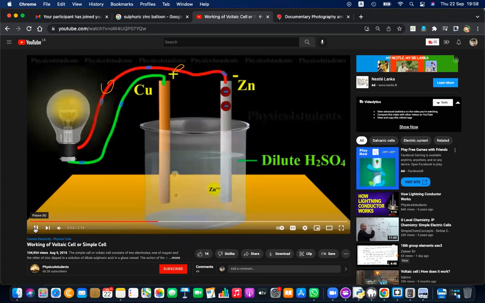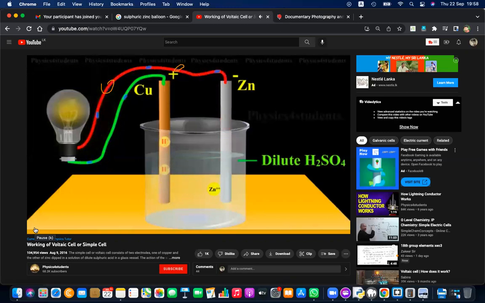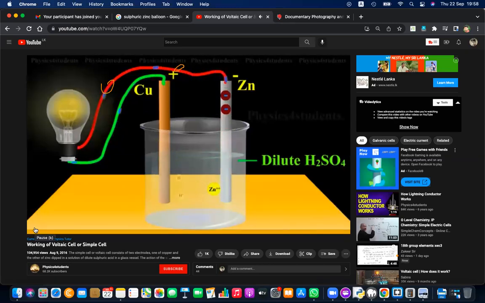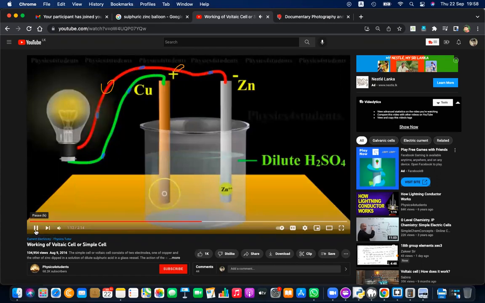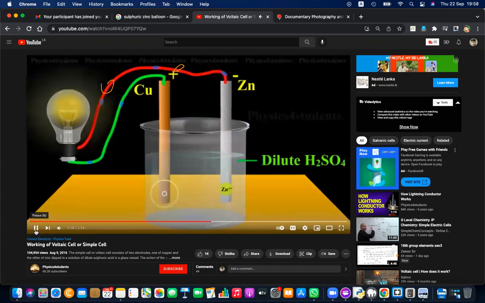At the zinc rod, the zinc atoms get ionized and pass into solution as Zn ions or positive zinc ions. This leaves the zinc rod with 2 electrons more, making it negative. At the same time, 2 hydrogen ions are discharged at the copper rod by taking these 2 electrons.